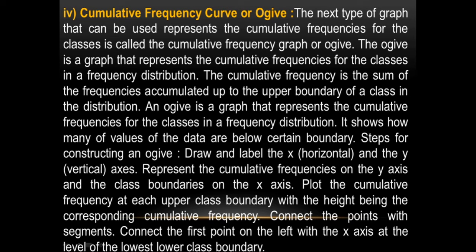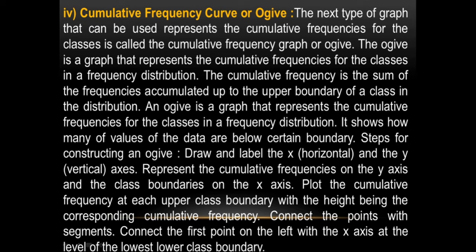The cumulative frequency is the sum of the frequencies accumulated up to the upper boundaries of the class in the distribution. It shows how many of the values of the data are below certain boundaries.